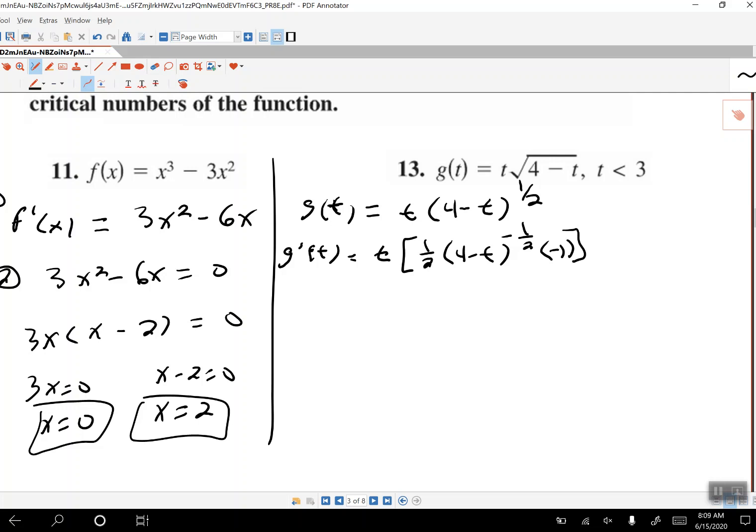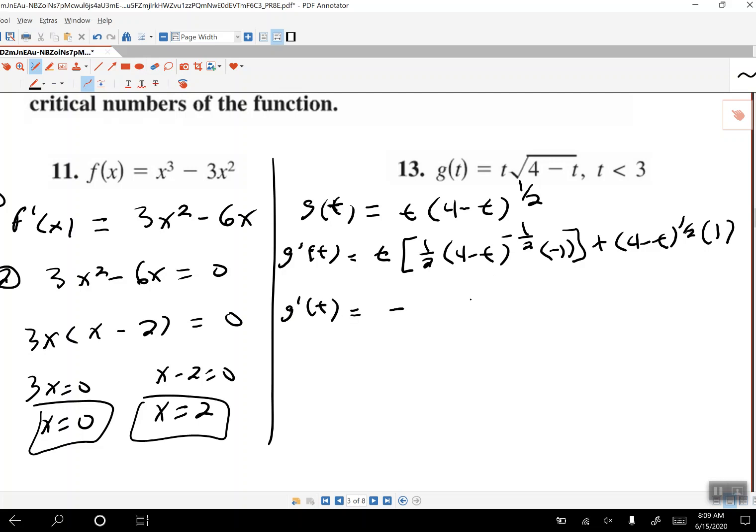All right, plus the second times the derivative of the first. So plus 4 minus t to the 1/2 times the derivative of t, and the derivative of t is simply 1. All right, so let's start cleaning this up a little bit. We see we have this negative 1/2 and we have negative 1. So let's move some stuff down to our denominator here.